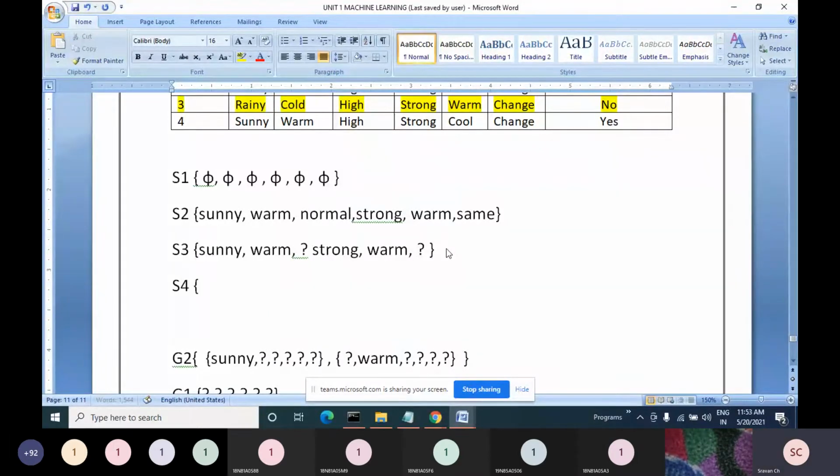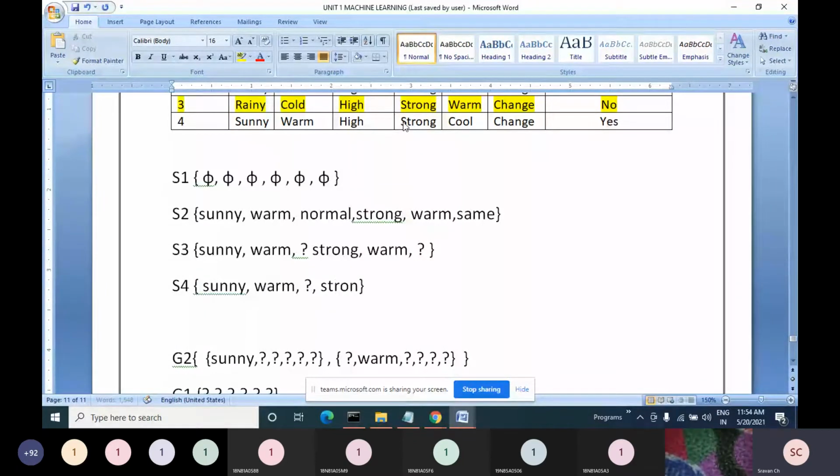Right now, how will I update the most specific hypothesis? Compare sunny and sunny, matching. So no problem. Second one, warm. In S3 also it is warm. As it is, I'll write, no problem. Third parameter is a question mark. As it is, I'll write. Fourth parameter is strong. Here also strong. I'll write it as it is.